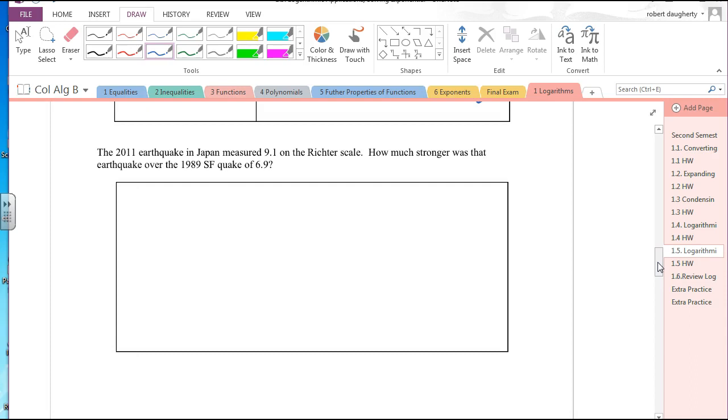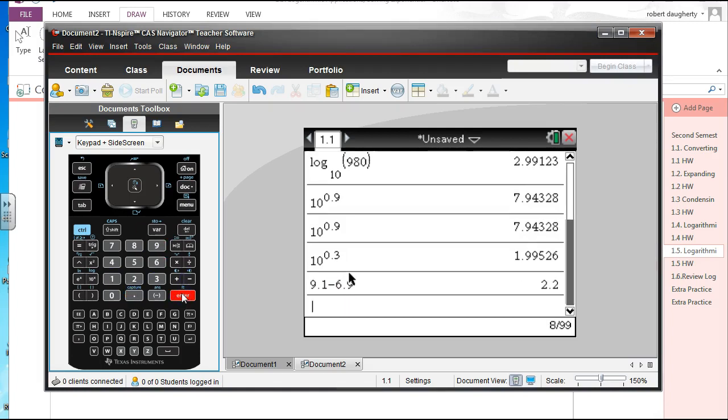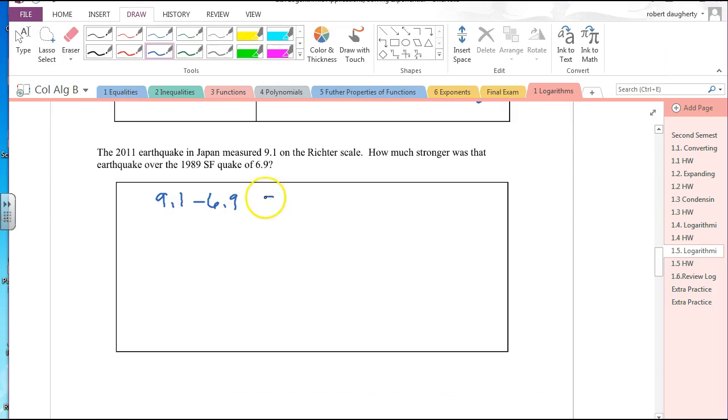What do I do? Yeah, so 9.1 minus 6.9, just so I don't make mistakes with my arithmetic. 9.1 minus 6.9 is 2.2. Okay, my formula is m equals the log base 10 of I. What do I do with the 2.2?